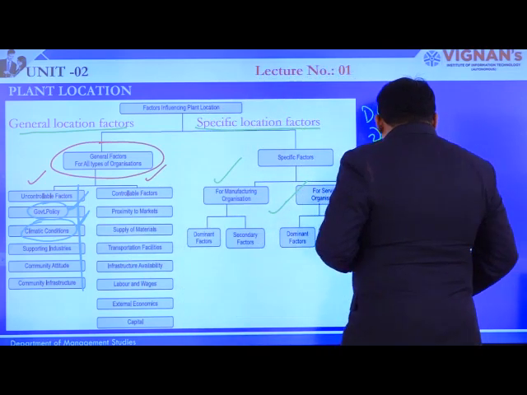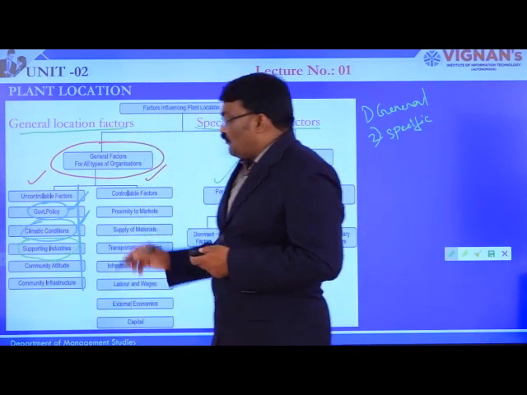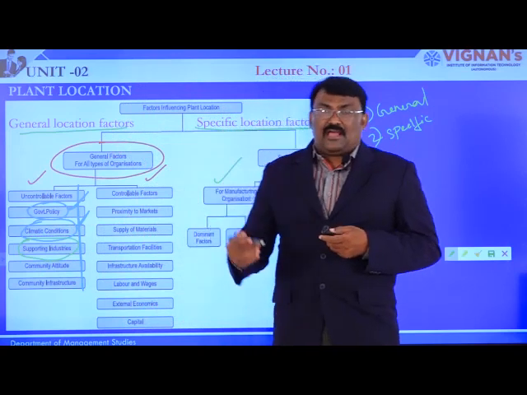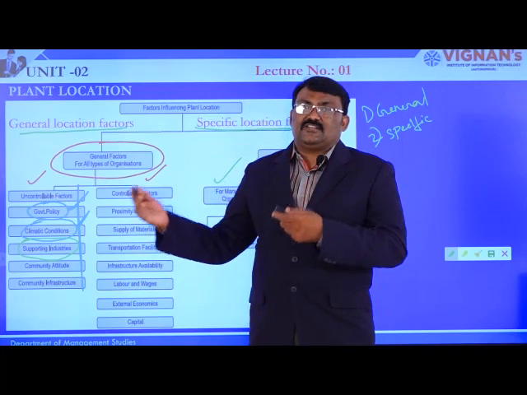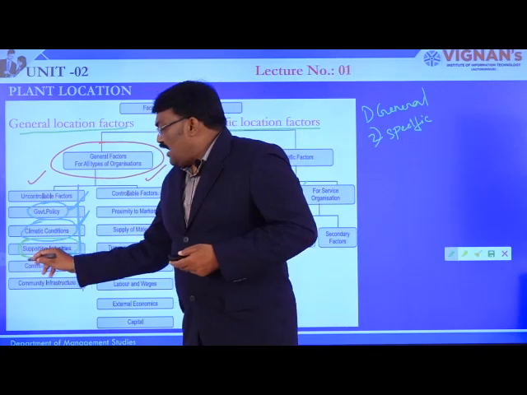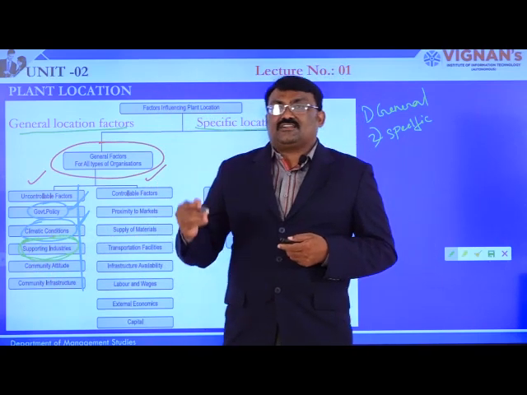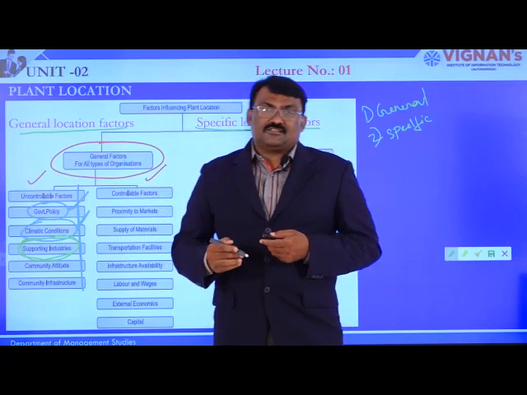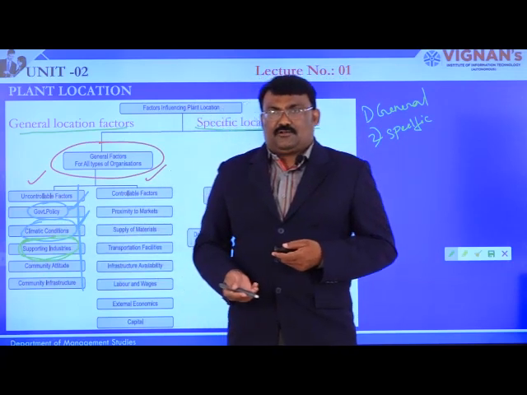Now, supporting industries. What are supporting industries? The ones which are helpful in making the organization or establishing a particular location. We may have control over our organization, but we cannot control the organizations which are at the support level. For example, suppliers come under the support level, right?